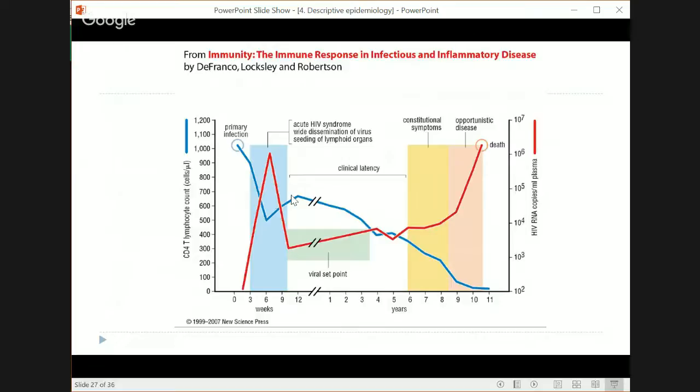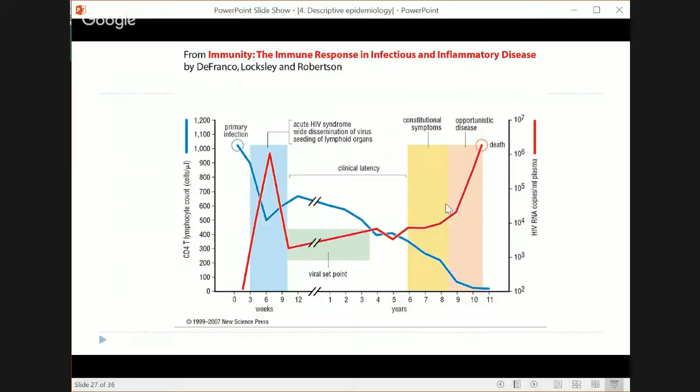It says, oh, hey, we can beat this. We can take over this virus. And your CD4 cells start to go up. As your CD4 cells start to go up, the HIV viral load starts to decline. And then you sit in this chronic stage where we see the HIV viral load is kind of flat, CD4 is declining slowly for years.